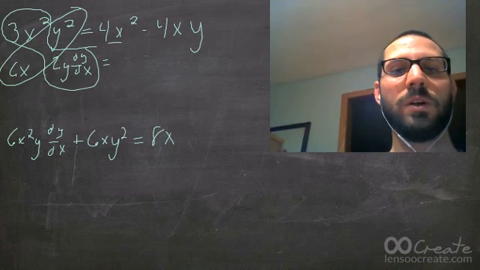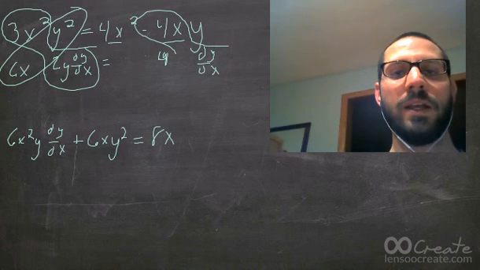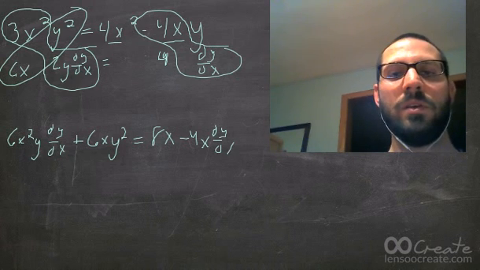That's the derivative. We've got another product rule here. Derivative of 4x is 4. Derivative of y is dy/dx. 2/3 bow tie. Minus 4x dy/dx.